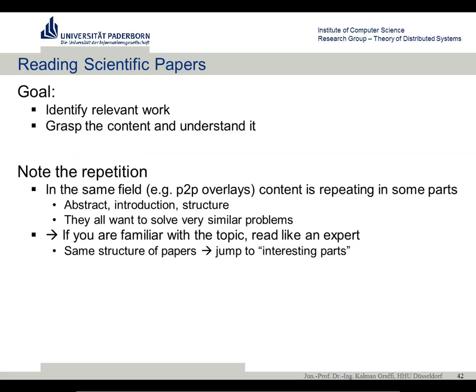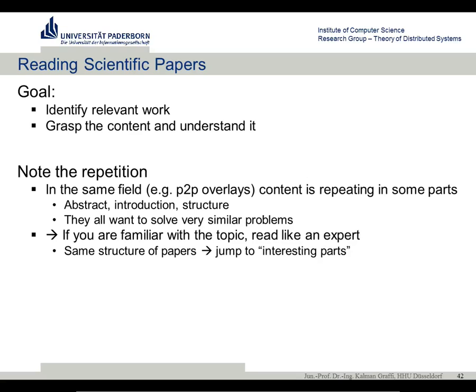So what should be done? Identify relevant work. Try to grasp the content and understand it. Typically the structure is always the same. In the same field, like P2P overlays, the abstract, introduction and structure are quite similar, so you don't have to read always from the beginning to the end. They all say in the beginning, yeah, P2P overlays are important.